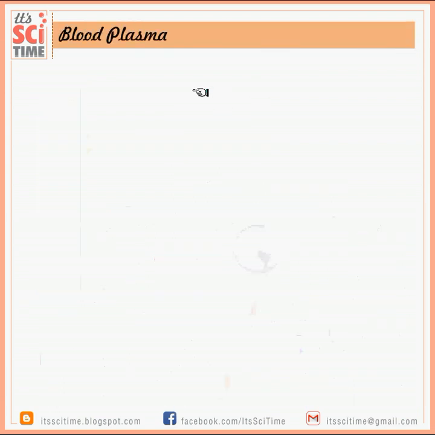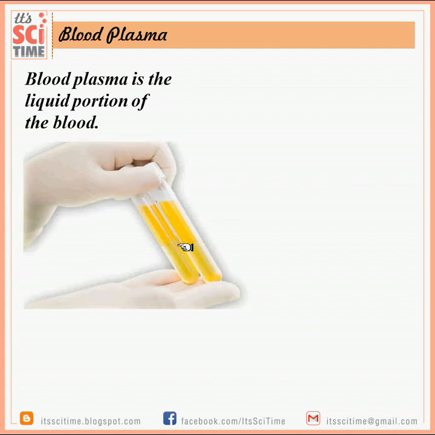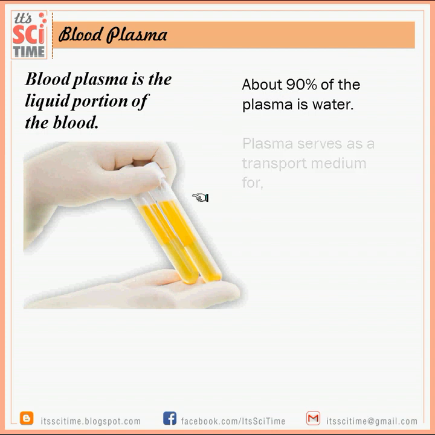First thing, the blood plasma. It is the liquid portion of the blood. It looks pale yellow in color and acts as the medium of the blood, and around 90% of the plasma is water. So what are the other things contained in this blood plasma?